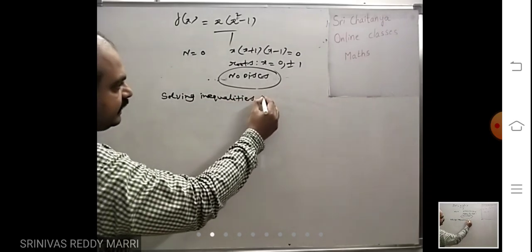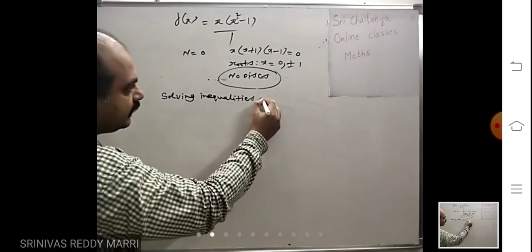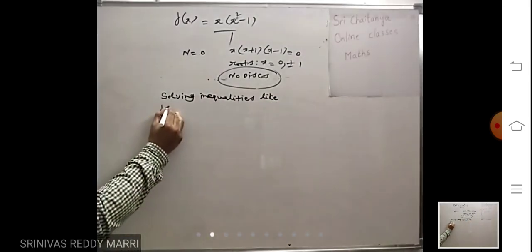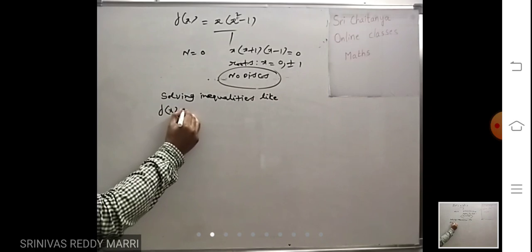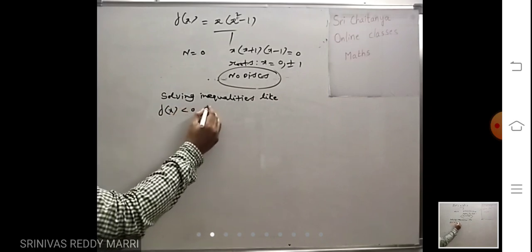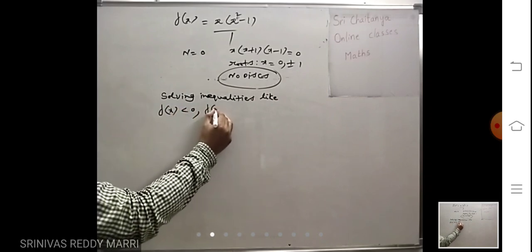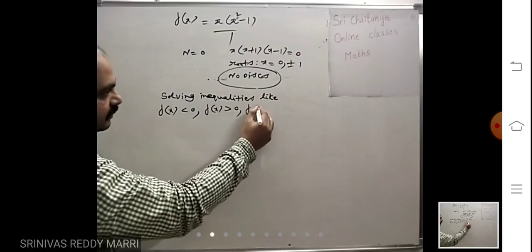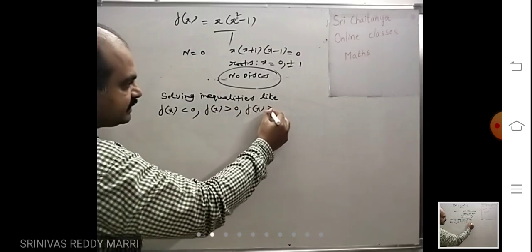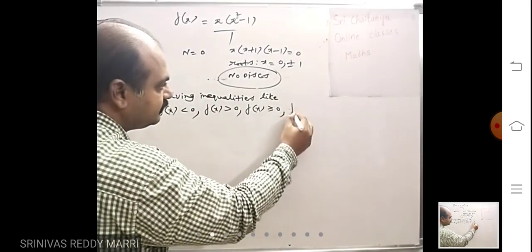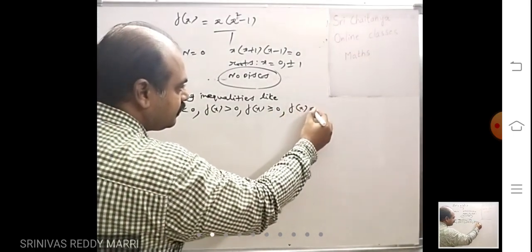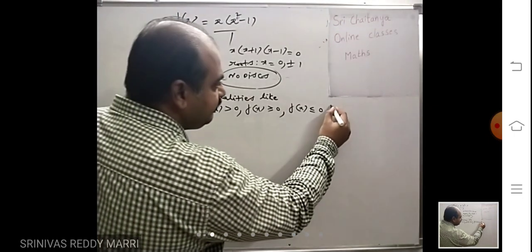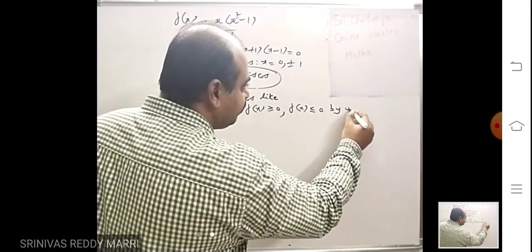Solving inequalities like f of x less than 0, f of x greater than 0, f of x greater than or equal to 0, f of x less than or equal to 0 by using the wavy curve method.